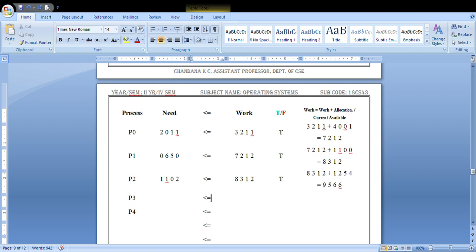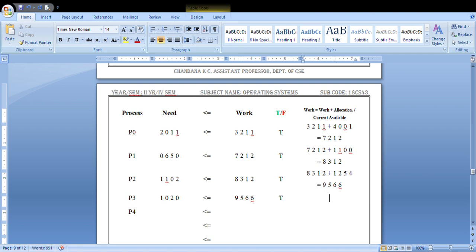Now what about P3? What is the need value for P3? 1020. What is the available work? Updated available work 9566. Is the condition true or false? The condition is true.